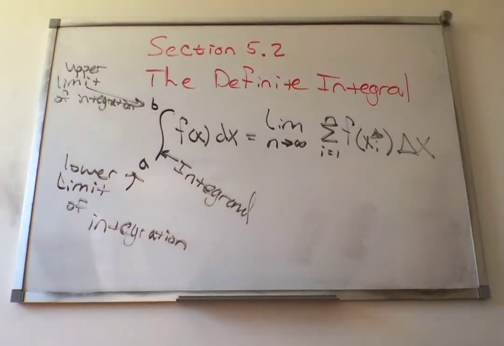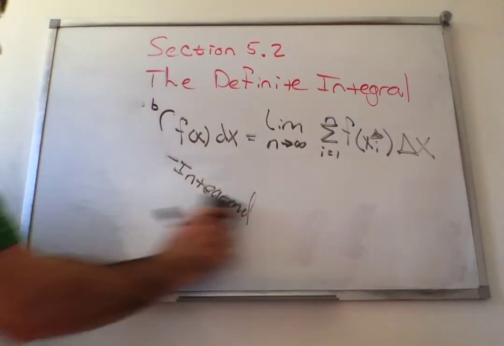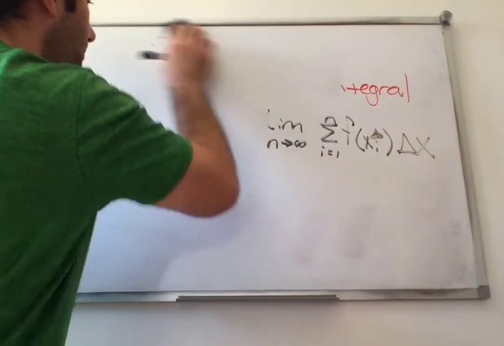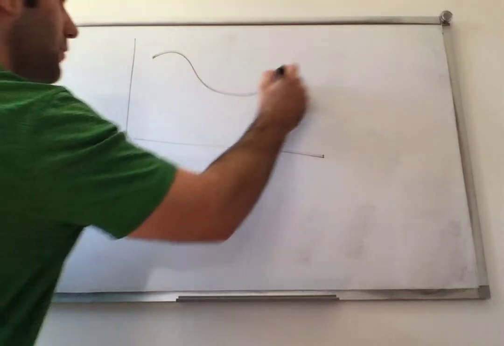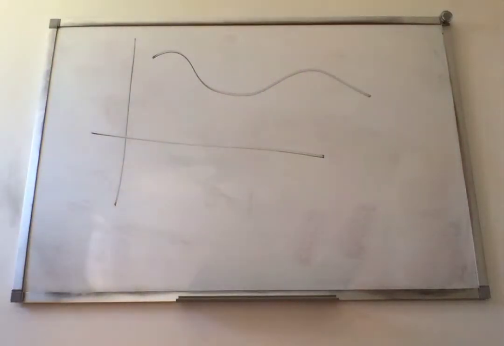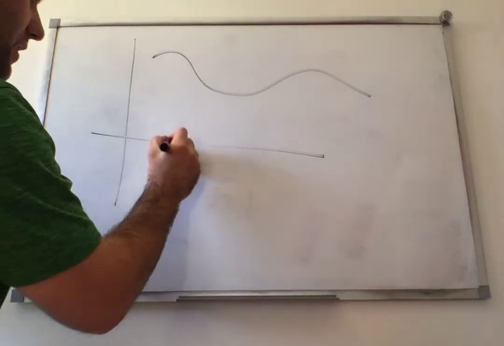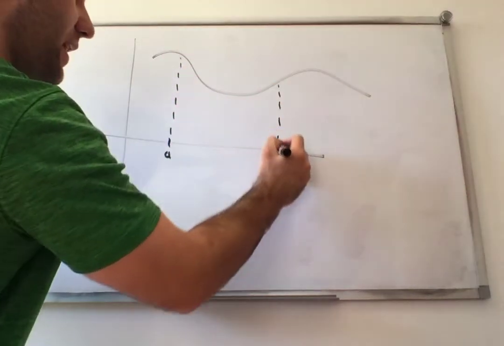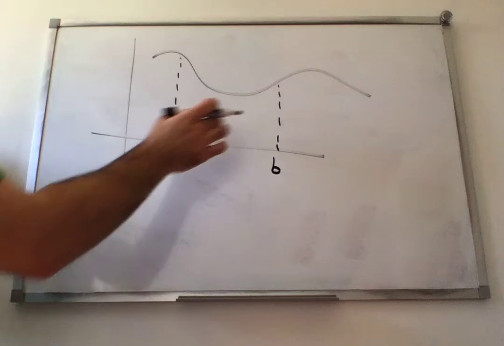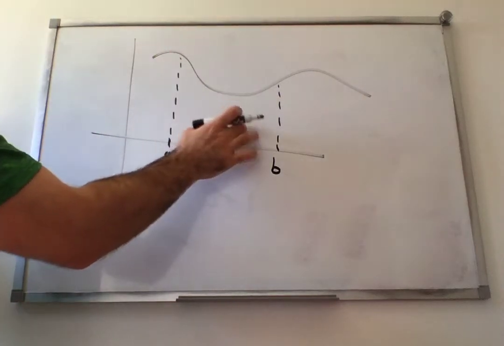Let me go ahead and draw you a picture of what we're talking about. I just have some generic function, whatever it may be, and I'm starting here at a and going here to b. I want to find the area underneath this curve, inside of here.